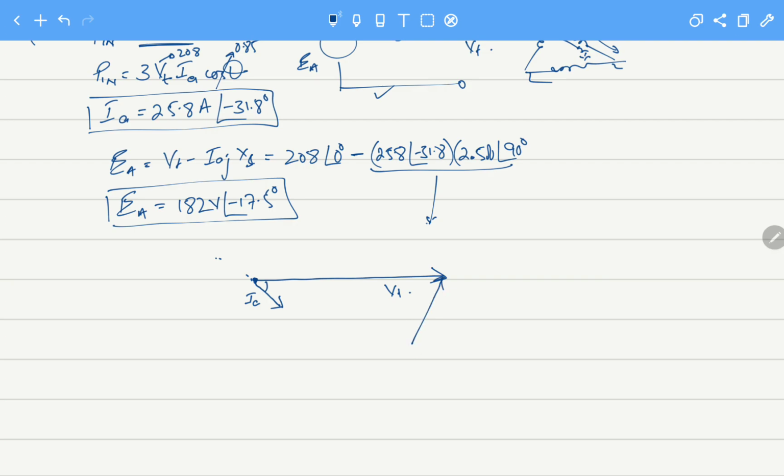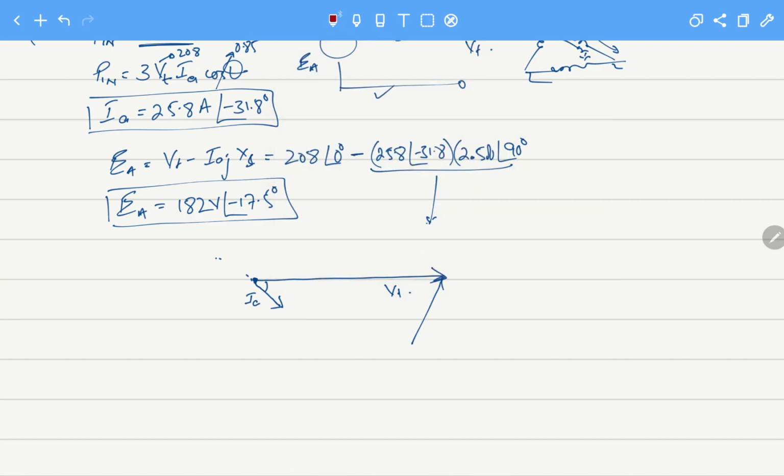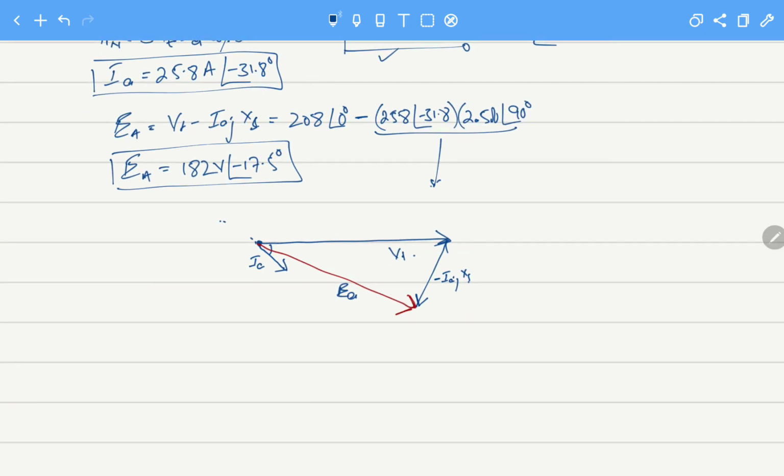This is minus IA j XS, and this is actually EA for our given value.